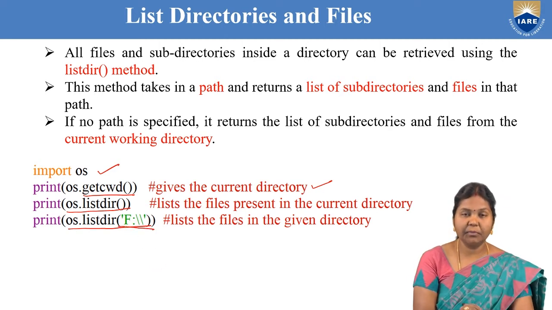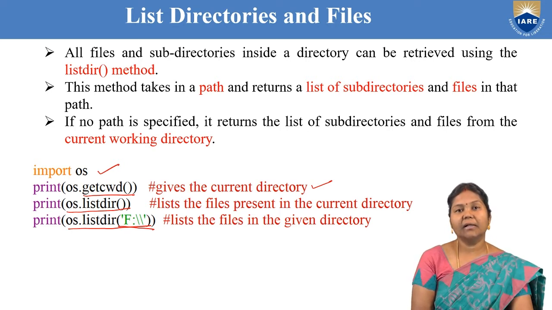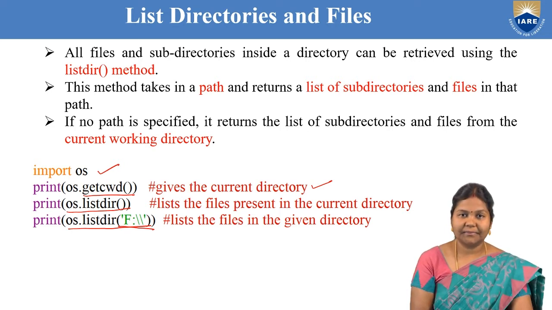For example, here I want to see the files and subdirectories present in my F drive. Then I can provide the path like this. It will list out all the files and subdirectories present in this particular path. So, path is optional here. If you are not giving any path, then it will consider the current working directory as the path.